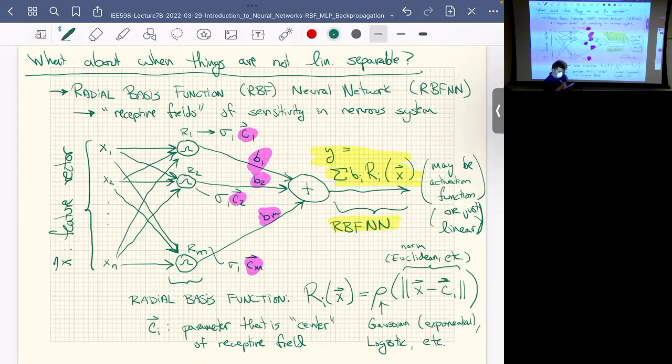I think I got all those. Yeah. Maybe I'll do a different color. So these are the trainable parameters.